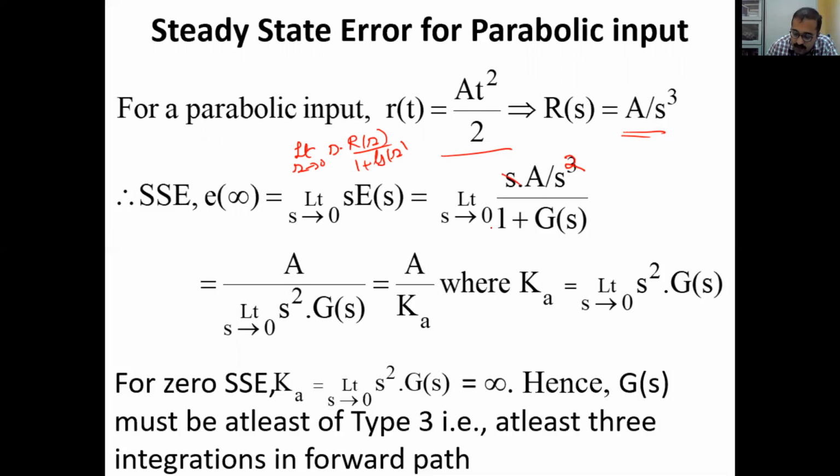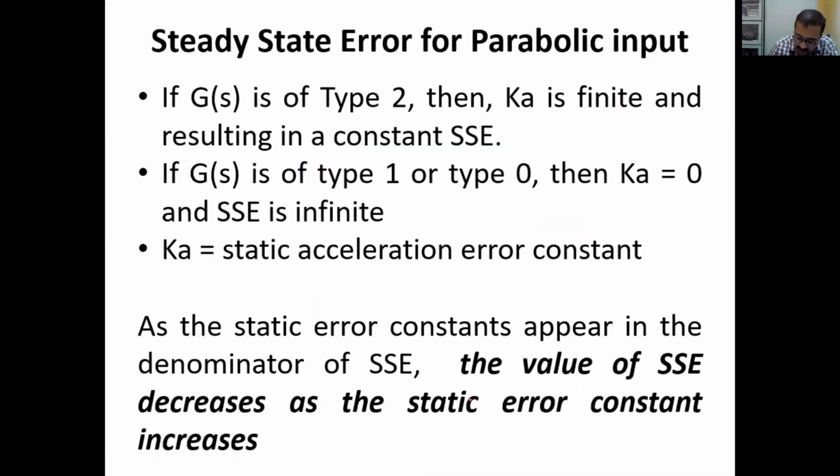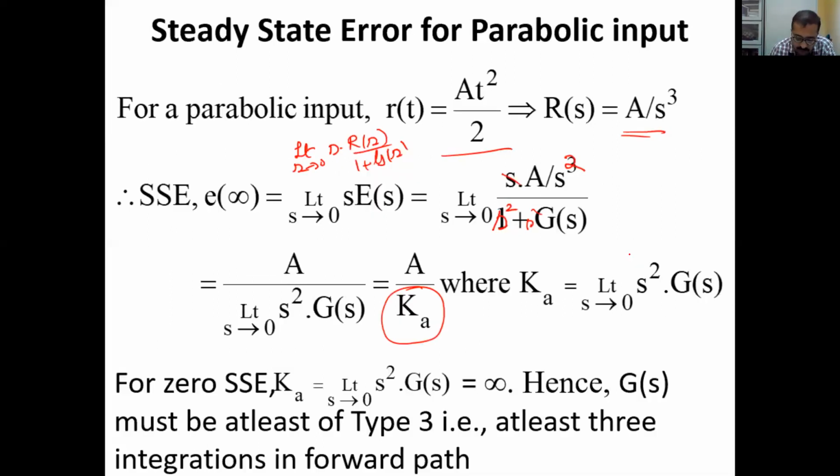It becomes A divided by s square plus s square times g of s. As limit s tends to 0, the s square part becomes 0, which means A divided by limit s tends to 0 of s square times g of s. That is called the static acceleration error constant. Ka is called the static acceleration error constant.